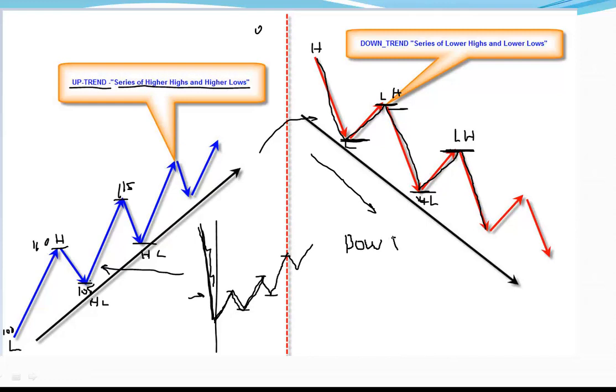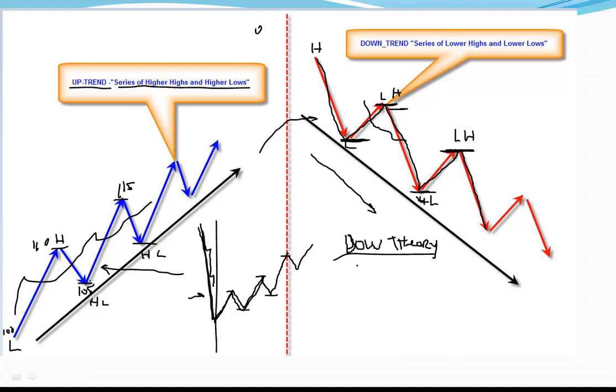Dow, that's a D, not a P. Dow theory, T-H-E-O-R-Y. Basically, the Dow theory said that a series of higher highs, higher lows, and lower highs, lower lows establish a trend, and that the market should retrace a certain amount.